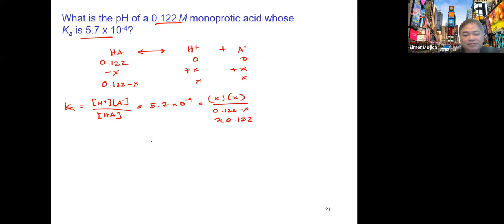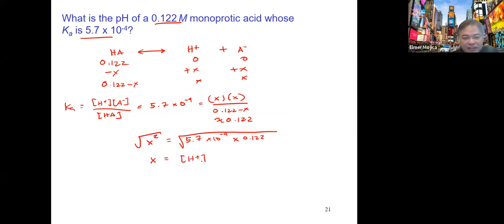X times X over 0.122 minus X, which you can approximate. So what do you get here? X squared equals 5.7 times 10 to the negative 4 times 0.122. Then you get the square root. What is X?